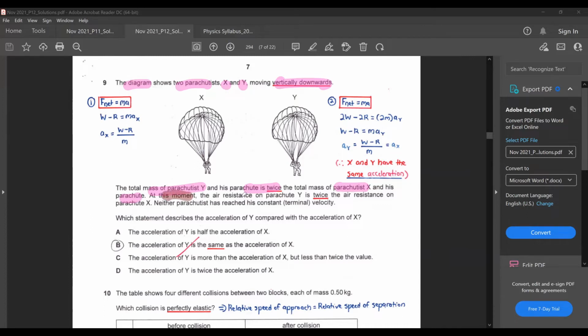At this moment, the air resistance on parachute Y is twice the air resistance on parachute X. They also say that the air resistance on Y is twice that on X. Neither parachutist has reached its constant terminal velocity. Which statement describes the acceleration of Y compared with the acceleration of X?